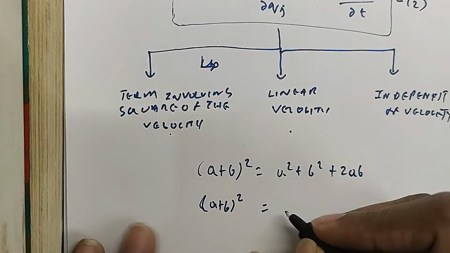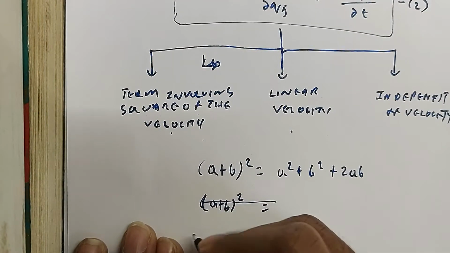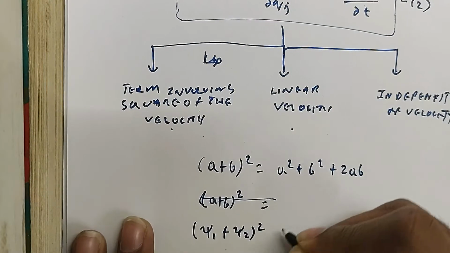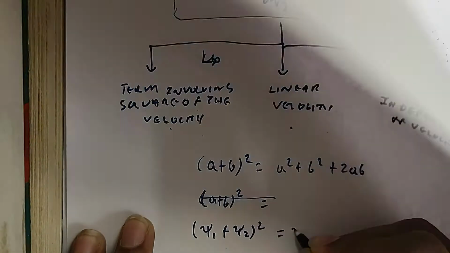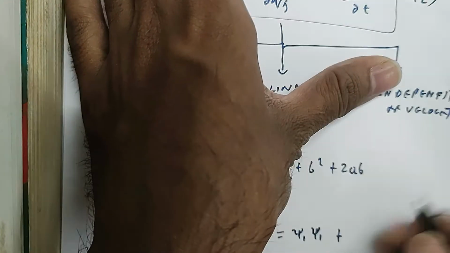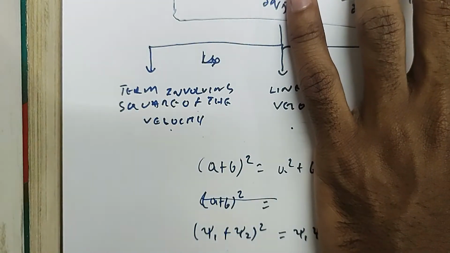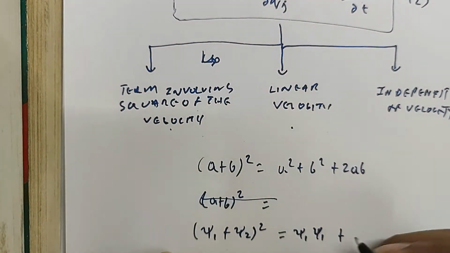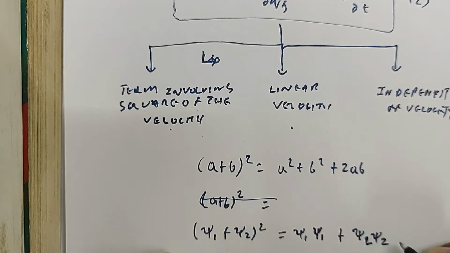So quantum mechanically, let's say we have (psi 1 plus psi 2) the whole square. We get psi 1 plus psi 2 times psi 1 plus psi 2. Now here we will have psi 1 psi 2.